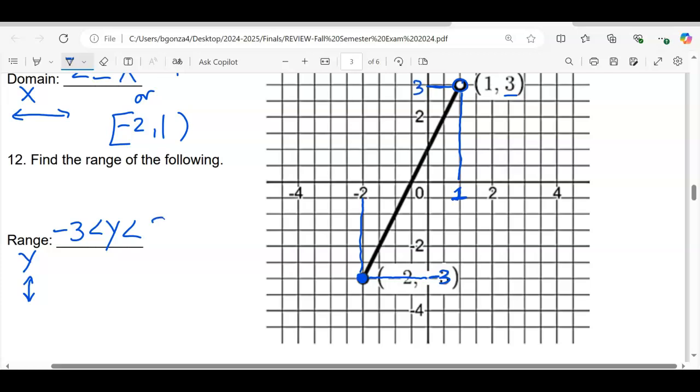Now the bottom is shaded, so we underline it, and the top is open, so we leave that one not underlined. Another way is to write these two numbers, -3, comma 3. Since the bottom is shaded, we put a bracket. Since the top is open, we put a parenthesis.